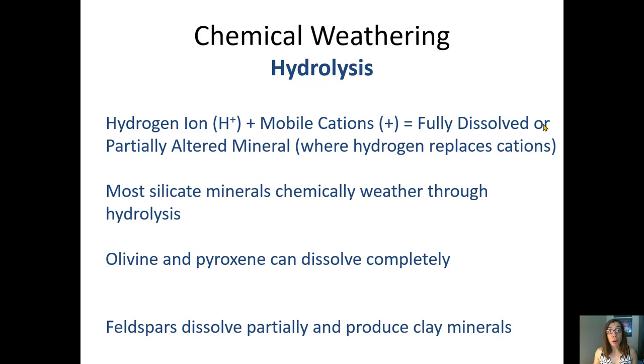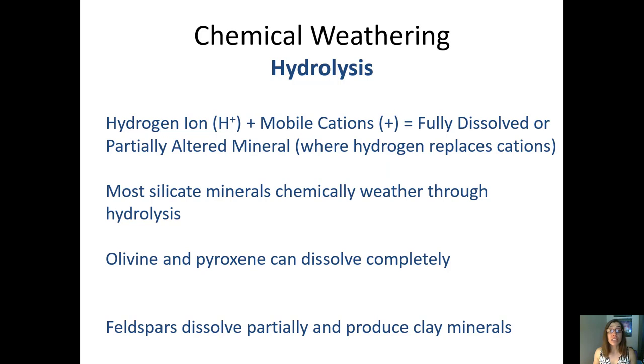Another process, probably one of the most important processes for the chemical weathering of rock, is hydrolysis. So even though the word hydrolysis sounds like it has something to do with dissolution or water, it's really a process of interchanging the ions that are in the rock.